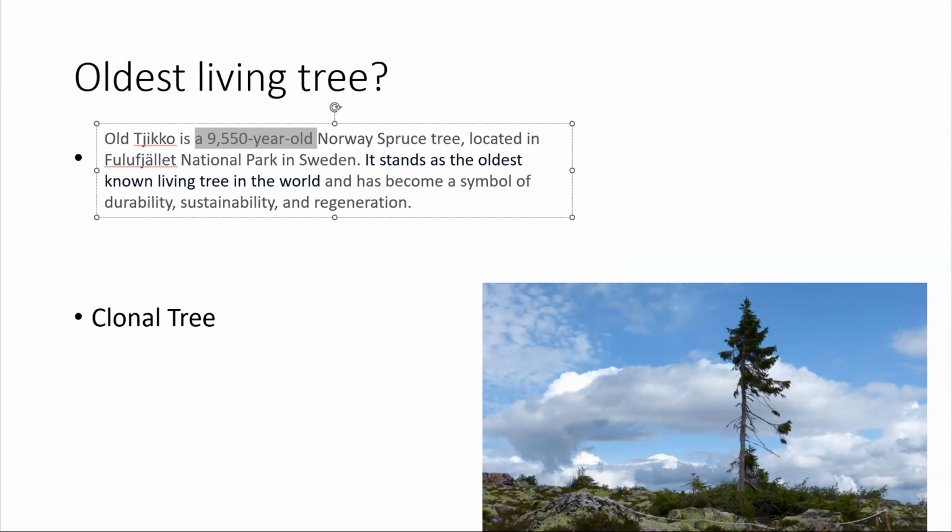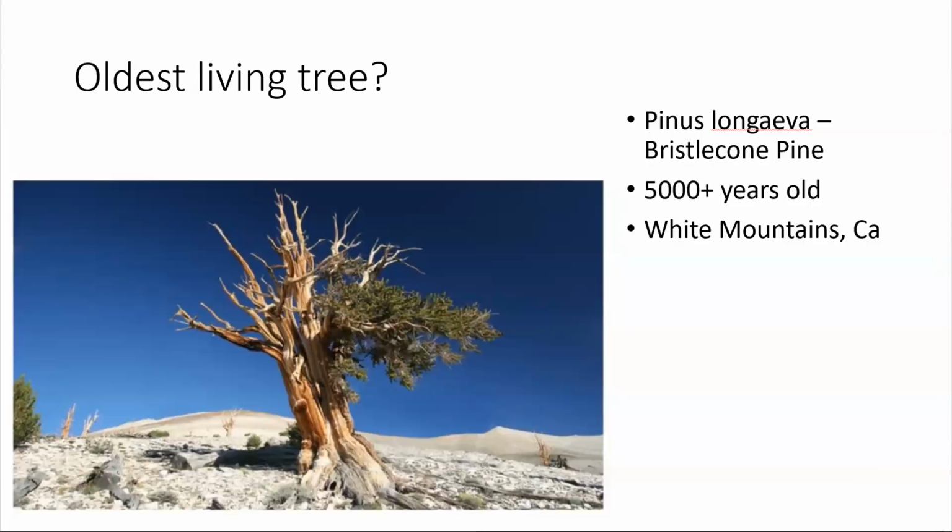It's managed to propagate itself through cloning. Whereas in California, we've got literally the oldest continuous living tree in the world. So go check these out if you ever get a chance.